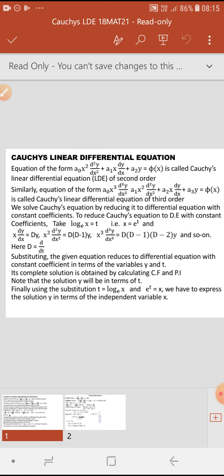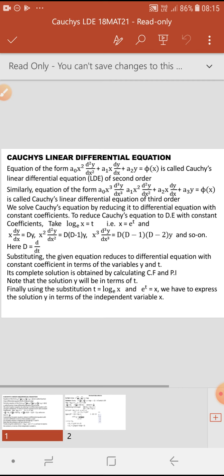So once you get the complete solution y in terms of t, go back to your initial substitution. Wherever you find t, you put it as log x, and wherever you find e power t, you put it as x. Then the solution will be in terms of the dependent variable y and the independent variable x.